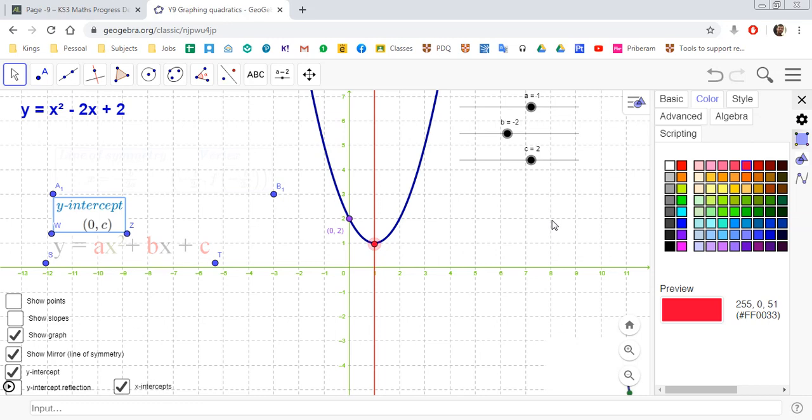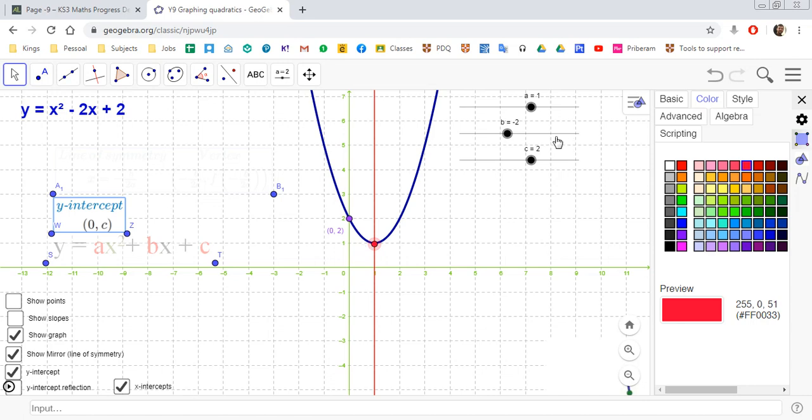We have our graph, we have the coordinates, and okay, easy. But what if I don't have the graph? What if I have only the equation? How can I find the line of symmetry? How can I find the vertex? Well, we have some formulas that are going to help us find such information.